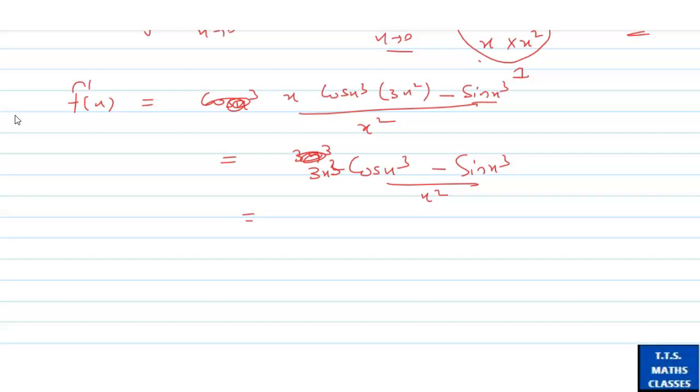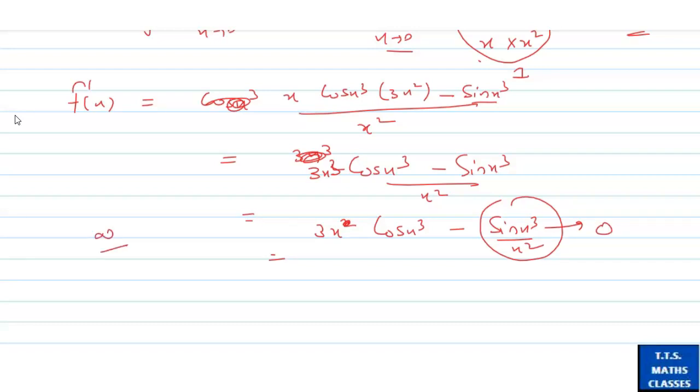So this will be 3x cos x cube minus sin x cube upon x square. If we put infinity here, this term will be 0 because sine is bounded, clearly. This term will be 0 when we check at infinity.